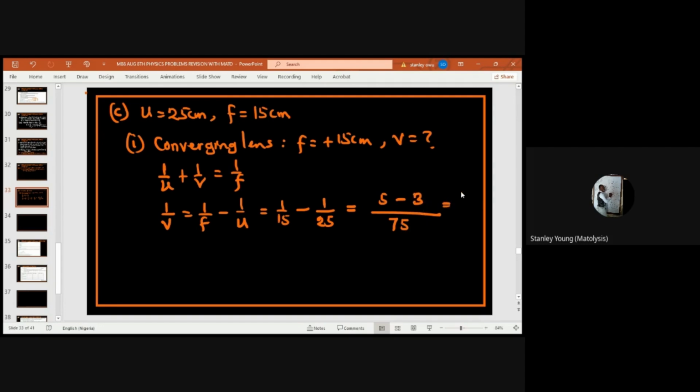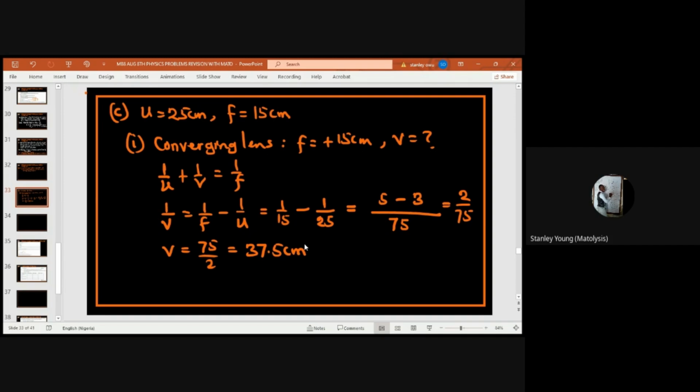So we have 2 over 75. So v itself is going to be 75 divided by 2. That makes it 37.5 centimeter.